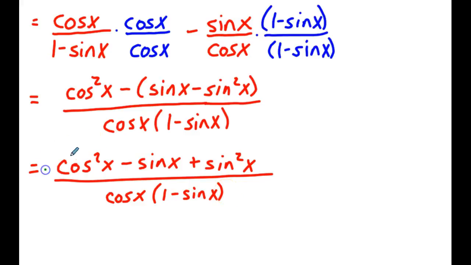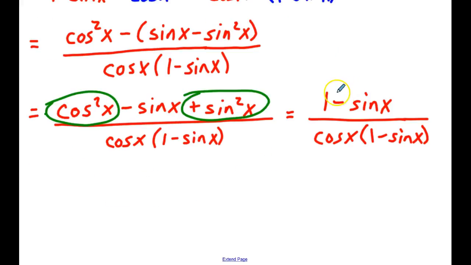If you look in the numerator, we have a cosine squared x plus a sine squared x, which is our main Pythagorean identity, so that expression will simplify down to a value of 1. Now we have a common factor in the numerator and denominator of 1 minus sine x, which is going to simplify out, leaving us with 1 over cosine x.